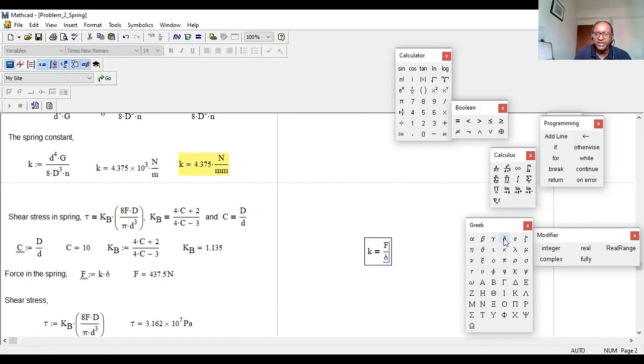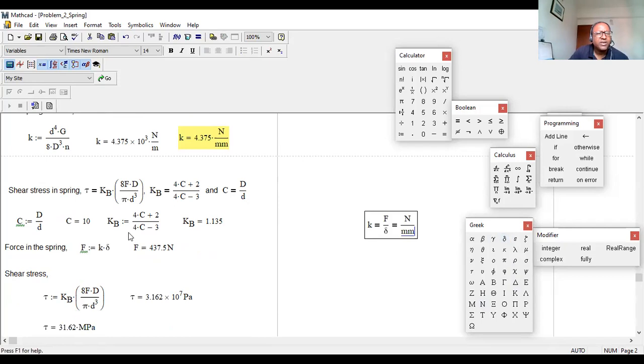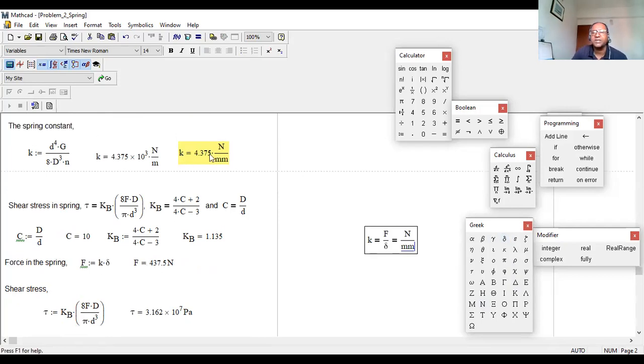That means in terms of unit, N is the Newton unit of force, delta is millimeter or meter. So we got the value of K this much. Now, how much is the deformation? 100 millimeter. Delta value is given, 100. So F equal to K into delta. So you get the value of F.